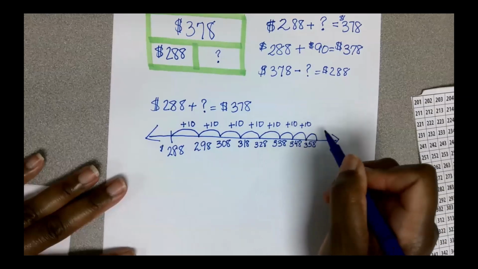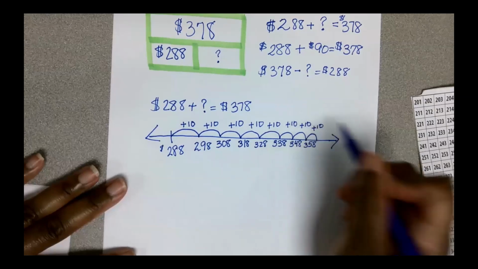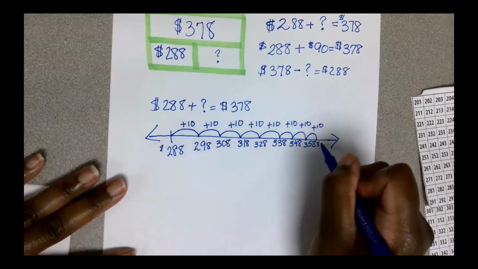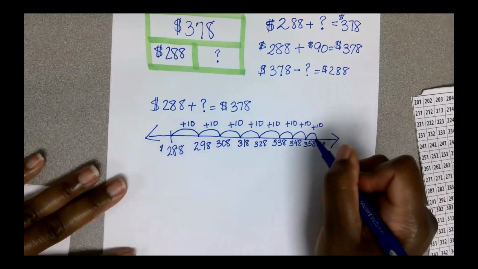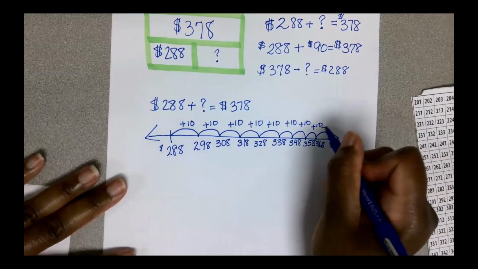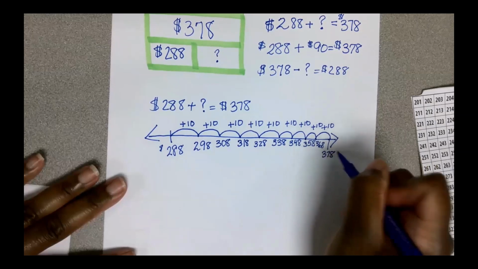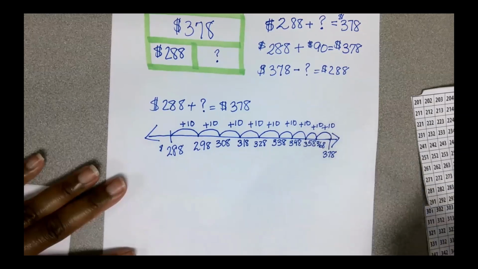And I am totally not perfect when I'm doing these jumps. I start out big and I go, uh-oh, am I writing small enough? Sorry about that. But it's real teaching, right? 378. Okay, so we've reached 378.